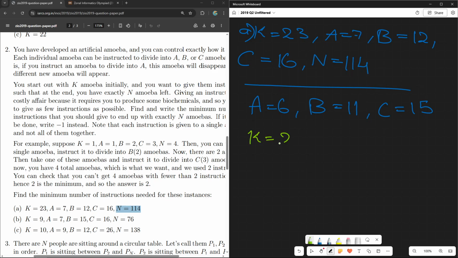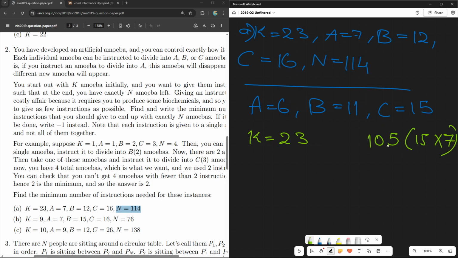K equals 23. For each individual amoeba, we can write 114 as a sum of these numbers in some way. If we take 15 into 5, that is 75, 75 plus 30 is 105, which is 15 into 7.